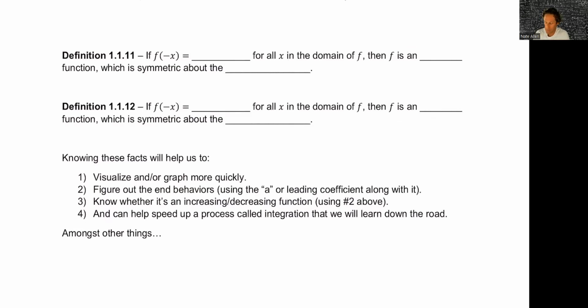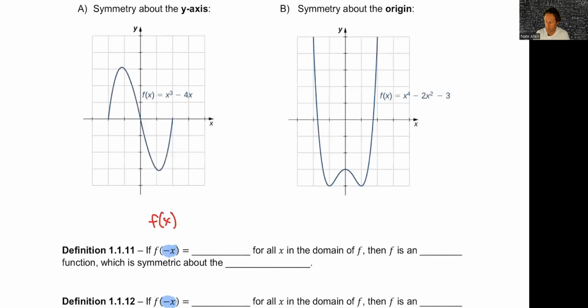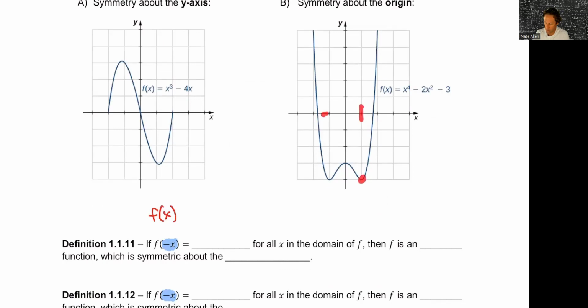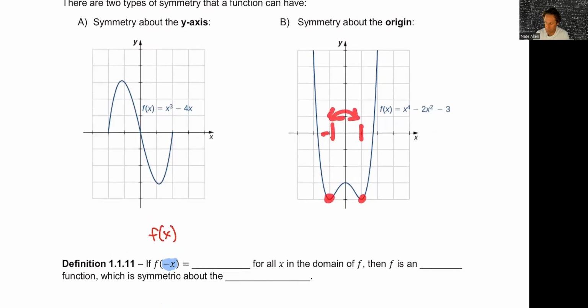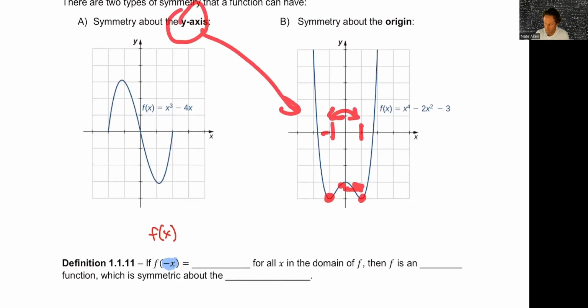All you got to do to test symmetries is plug in a negative or opposite of x, because what we're going to be given is the original function. So what we're going to test is the opposite values. And as we saw graphically, when we go 1 or -1, the opposite of one another, if we get the same value, then it's symmetrical about the y-axis. If we plug in 1 and -1 and we get the opposite values, then we know it's symmetrical about the origin.